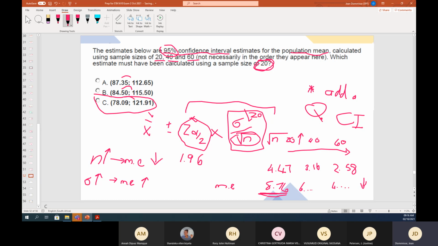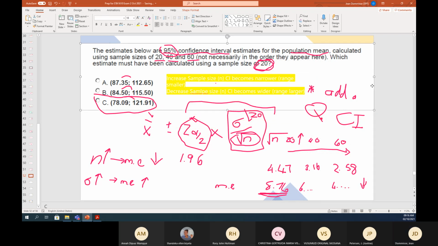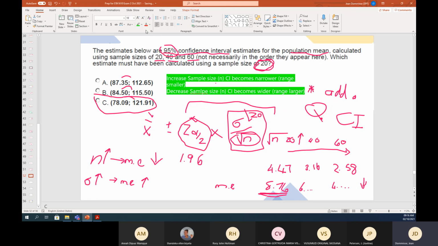Okay, and let's copy this in. Increase in sample size n, see how the interval becomes narrower, as we've seen.